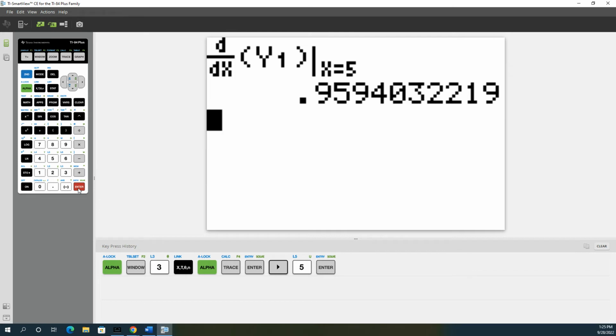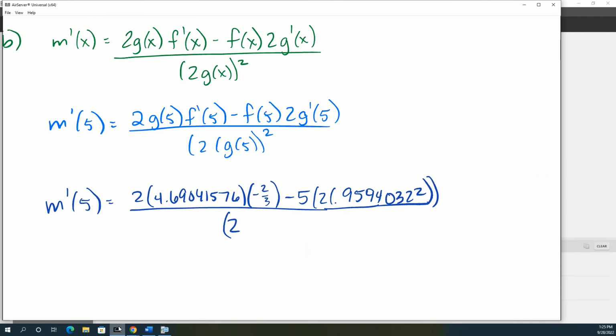All right, so I'm just jotting down that to a lot of decimal places actually. And then on the denominator, I have 2 times g of 5, which we already have g of 5.